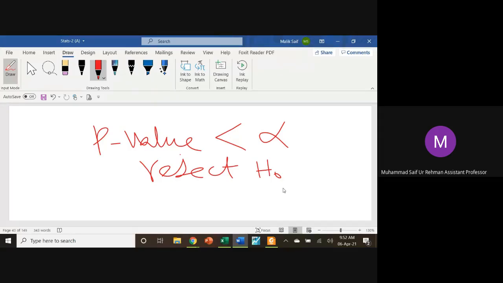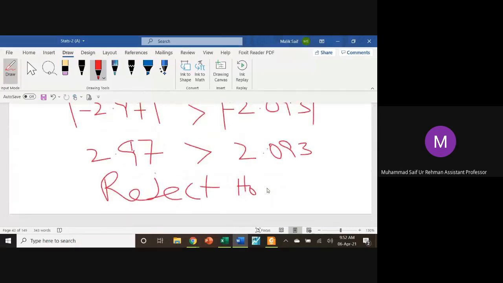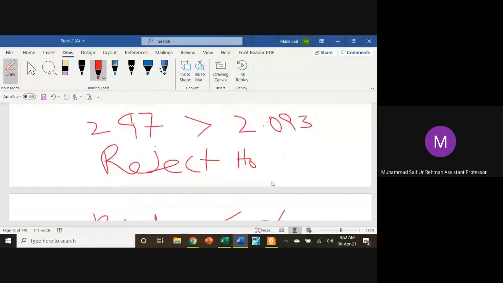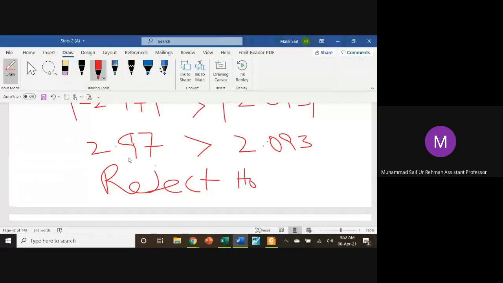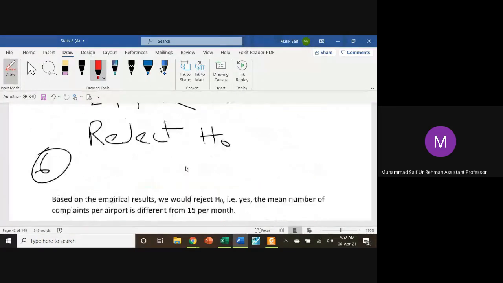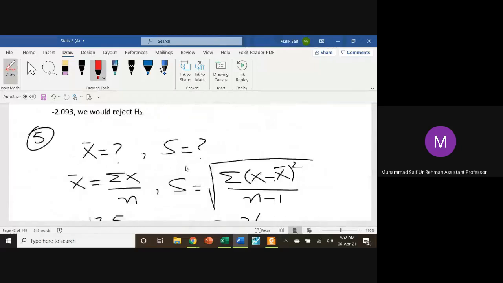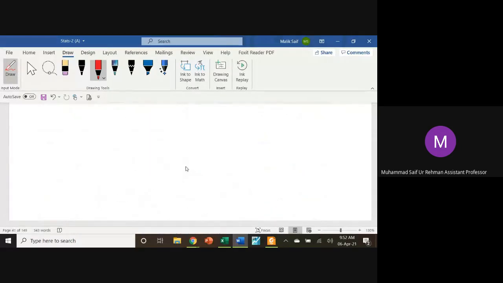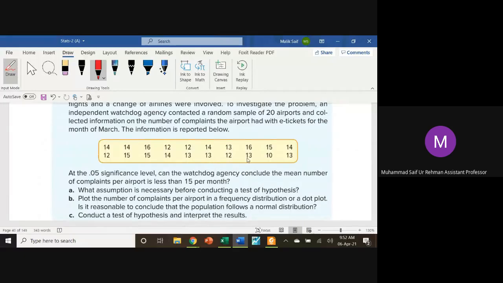So how will you find the p value in this situation? You will see the calculated value here, which is 2.97. You have to locate this value 2.97 against the degree of freedom. The degree of freedom in this particular case was n minus 1, and n was 20, so 20 minus 1 gives 19 degrees of freedom.